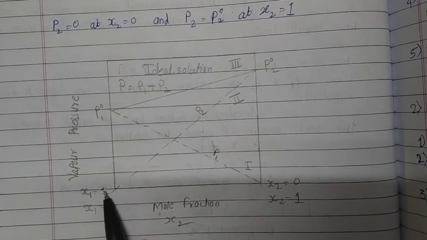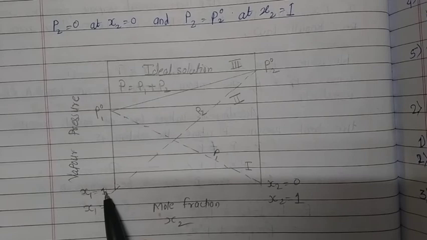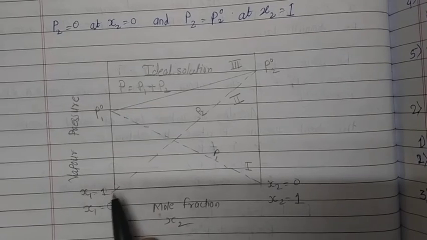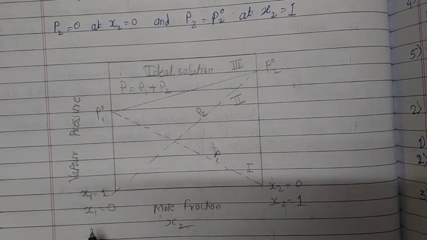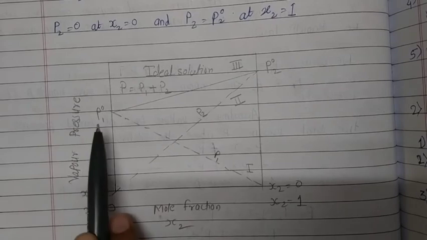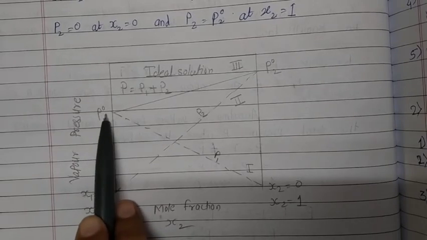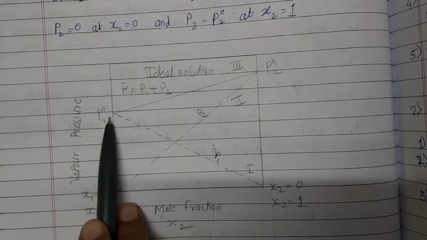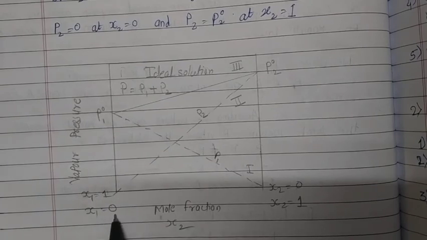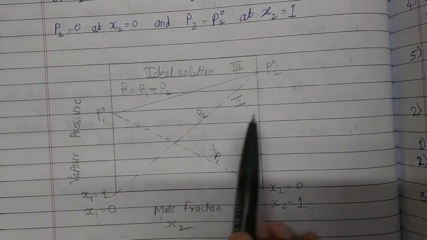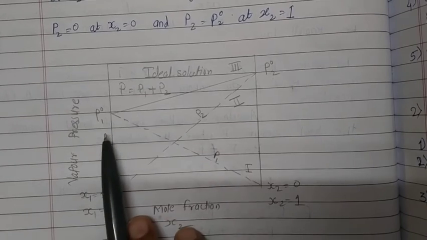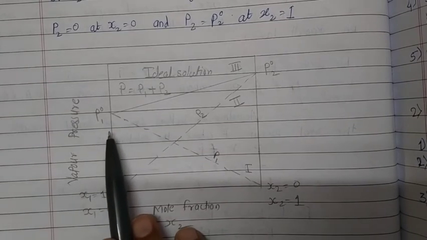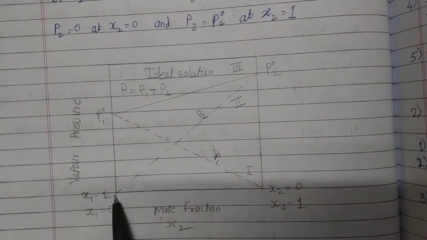This is the one possibility. Second possibility, for P1 versus X1: P1 equal to 0 when X1 equal to 0, and P1 equal to P01 when X1 equal to 1.